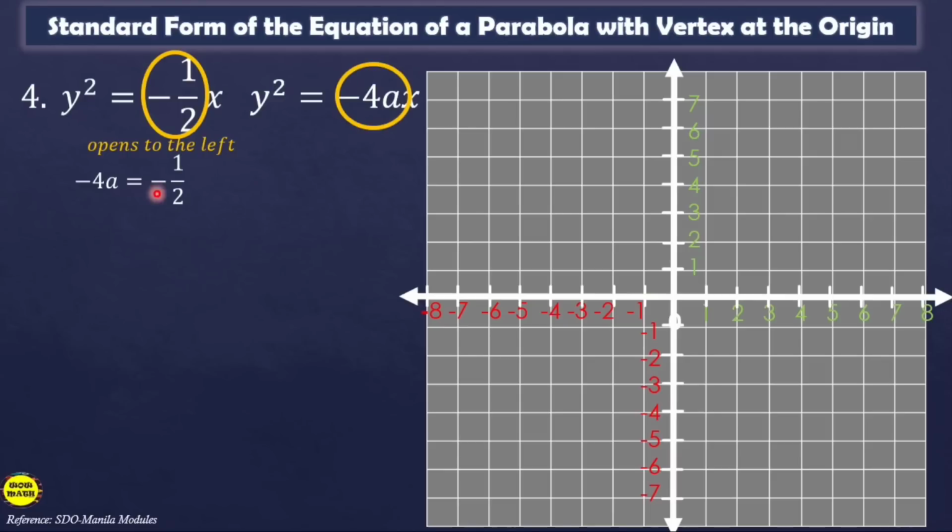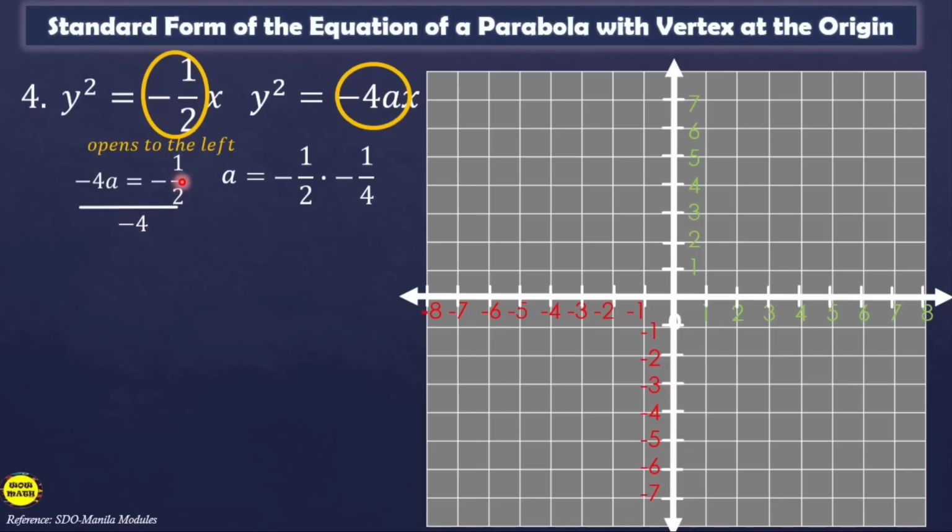So, negative 4a is equal to negative 1 half. Divide both sides by negative 4. So, negative 4a divide negative 4, the answer is a. And then, negative 1 half divide negative 4. So, kapag nagdi-divide tayo ng fraction sa isang whole number, kunin natin yung reciprocal nito.